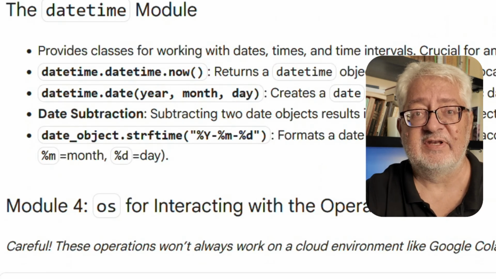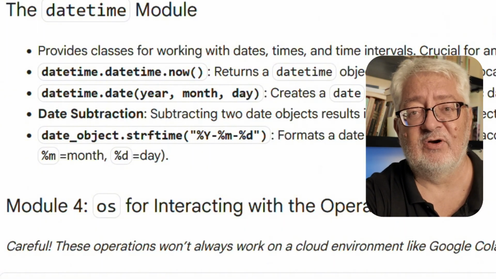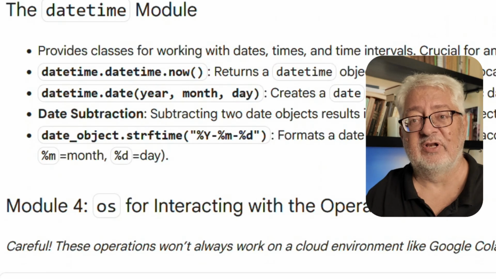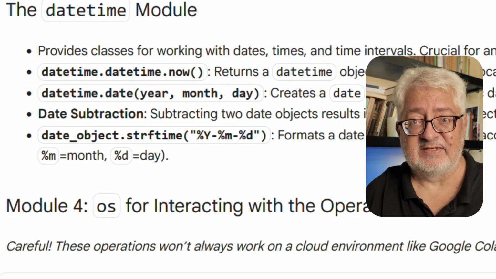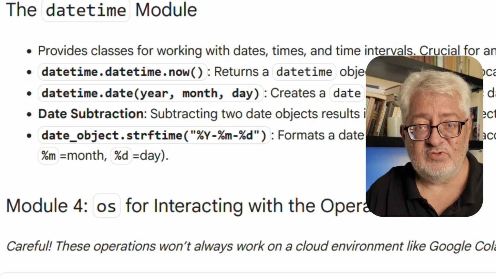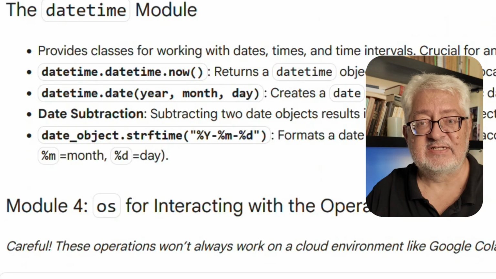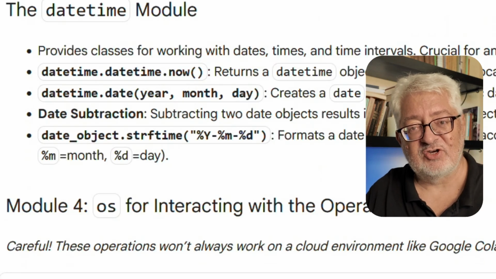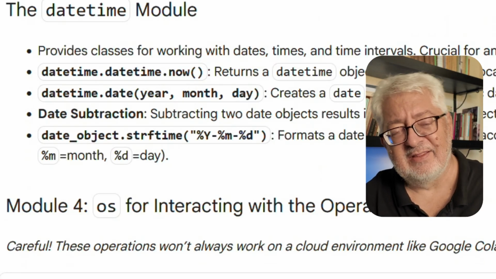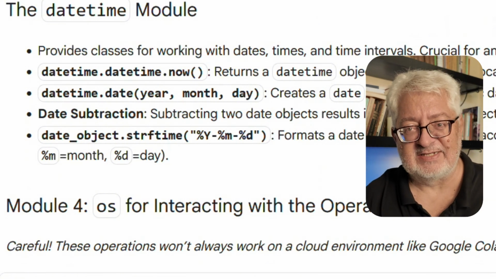Datetime.now returns a datetime object with the current local date and time, and then you also have other methods that will convert it to other time zones. You can create a new date by using date with year, month, and day like we did, and you also have this function strftime. The names are not always easy to pronounce, it means string format time.